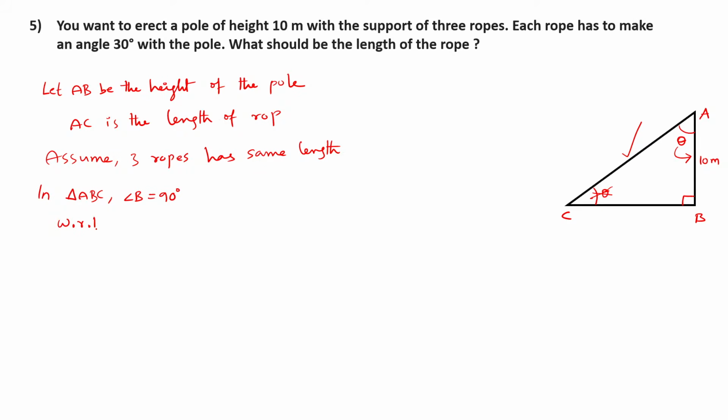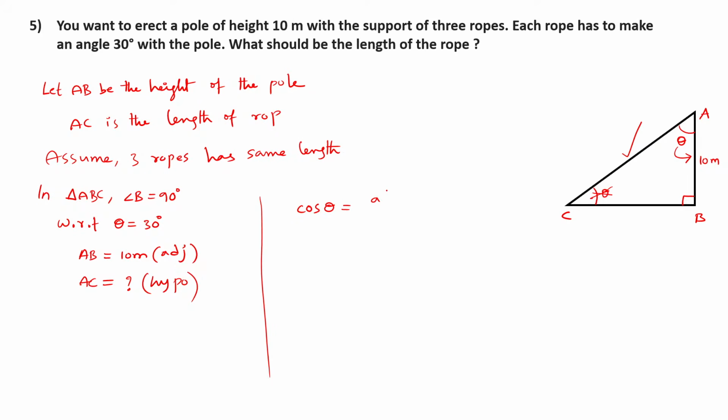Now, with respect to our theta, acute angle 30 degrees, what is given? AB is equal to 10 meters, which becomes the adjacent side. And what is to be found? AC, that is nothing but the hypotenuse. So what is the trigonometric ratio? It is nothing but cos theta.